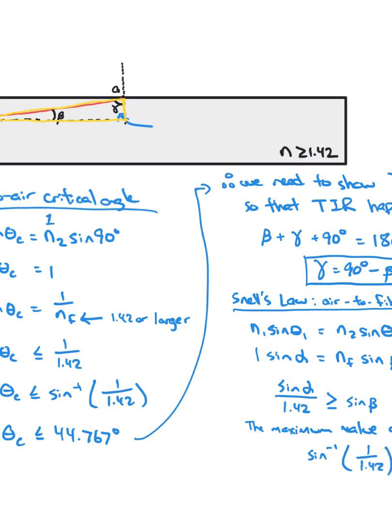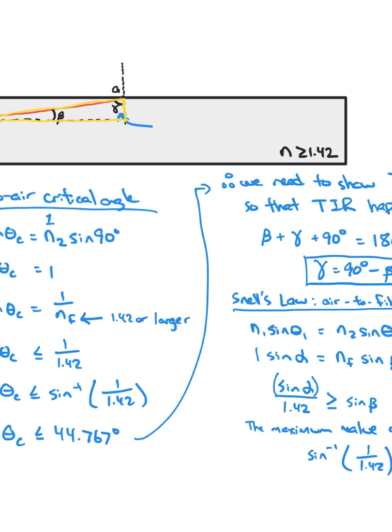That's the biggest possible value that beta can be, because sine of alpha in the numerator here, the biggest possible value for that is 1. The sine function is always between -1 and 1.